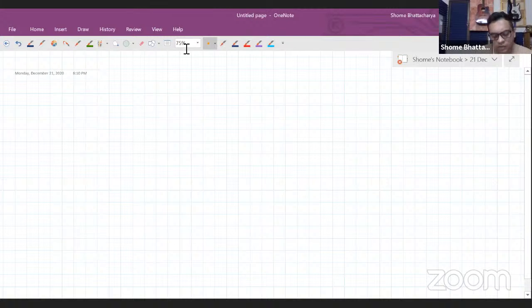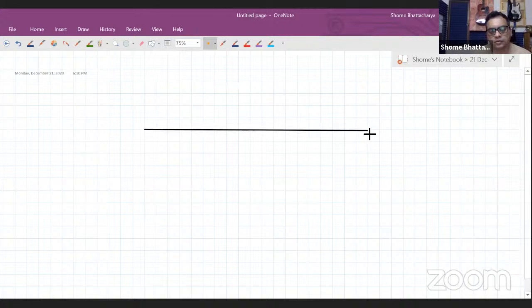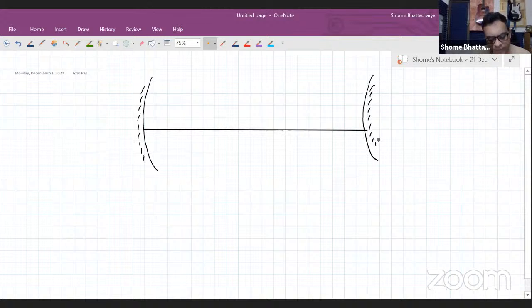Okay, so Shreya, this one I'll help you with the ray diagram. You have a combination of a concave mirror and a convex mirror, and you want the image to coincide with the object. Let's say the object is a source of light over here.